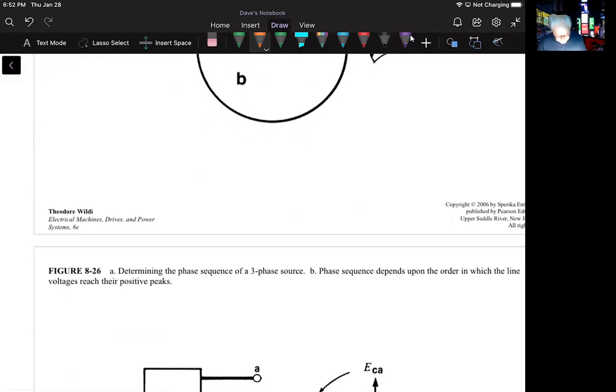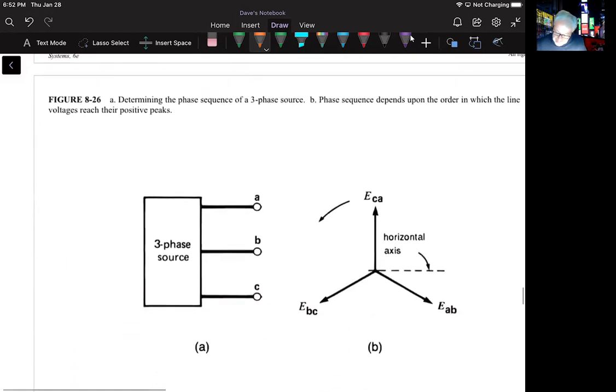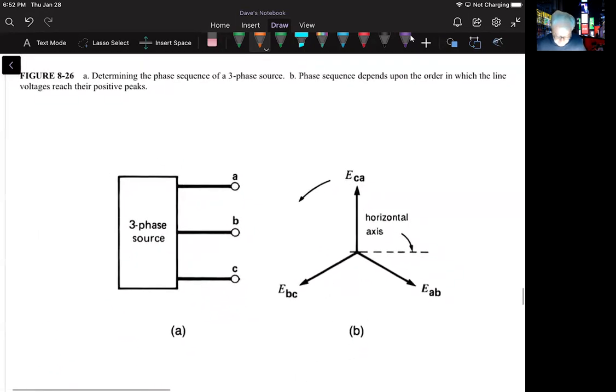So if we look at a three-phase system here, this is figure 8.26, and we have terminals A, B, and C, and they're correctly represented by the revolving phasors shown in 8.26B, EAB right here, all 120 degrees apart.